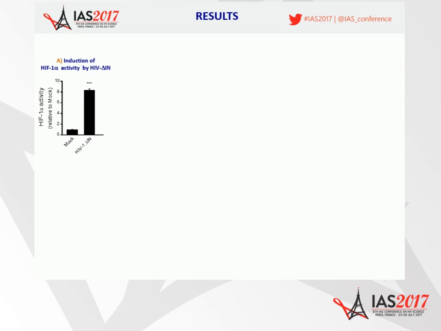So we asked which is the viral component responsible for this effect. For that, we did a lot of experiments, and I'm showing here one of them. In this particular experiment, we used an integrase-deficient HIV, and this virus was able to promote the activity of HIF-1 alpha.